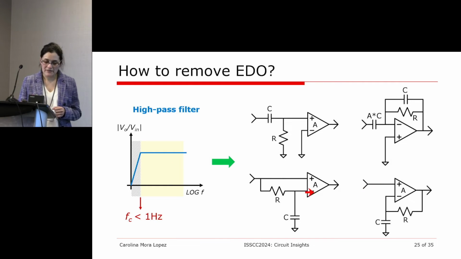Another observation is that in these 2 examples at the bottom, the input signal is fed directly to one input of your amplifier, which means that this input of your amplifier will see not only your biological signal, but also this electrode DC offset applied directly to that input. This can have several problems.